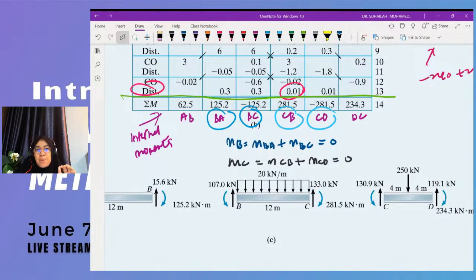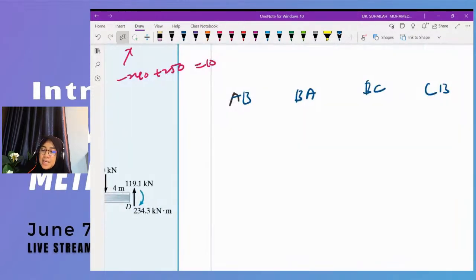AB has positive moment, BA positive, next negative positive, next negative positive. This is the moment direction. So AB is positive.